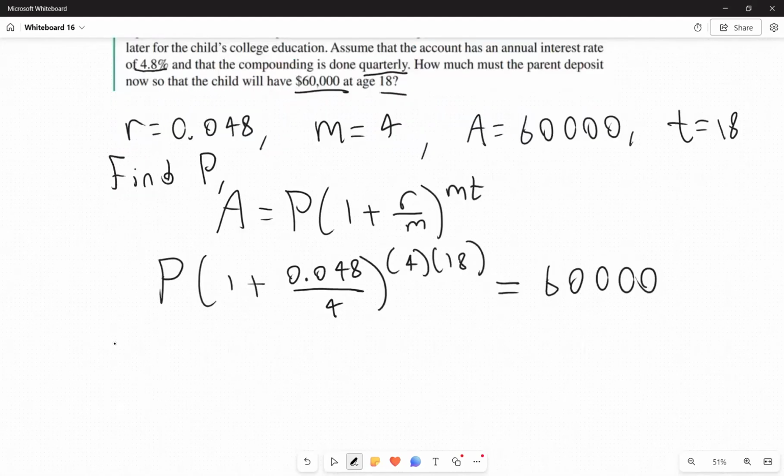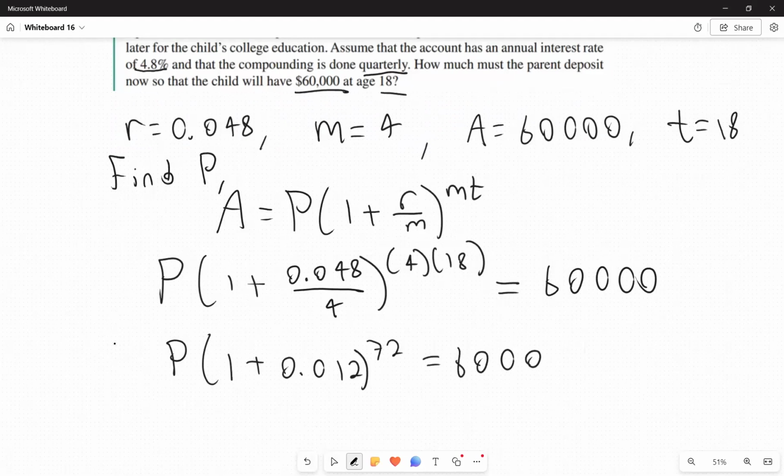But 0.048 over 4 is 0.012. Then 4 times 18 is 72. And then 1 plus 0.012 is 1.012.